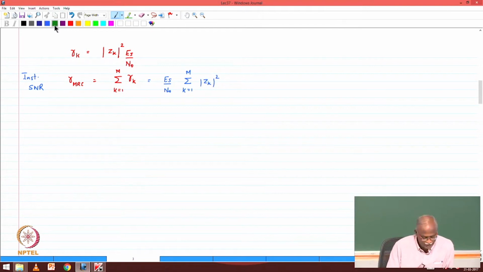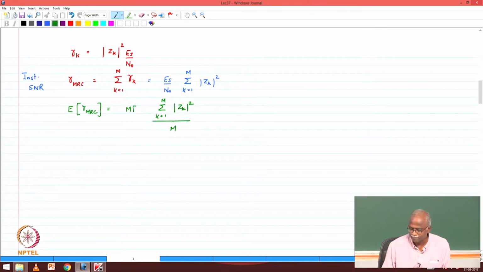Again, these are all just results from diversity combining. And the important result, expected value of gamma MRC, we write as m times gamma times summation k equal to 1 through m mod Zk squared divided by m.